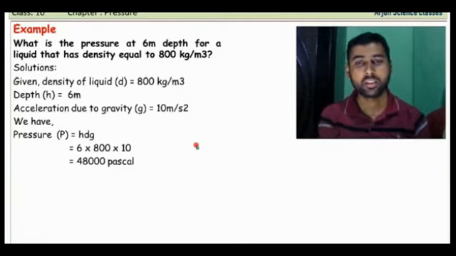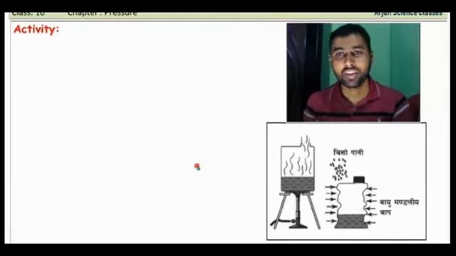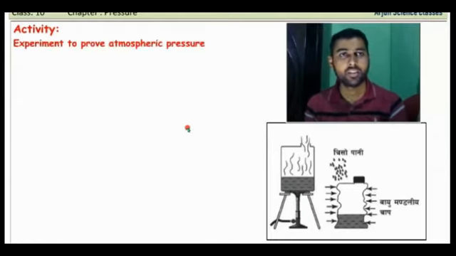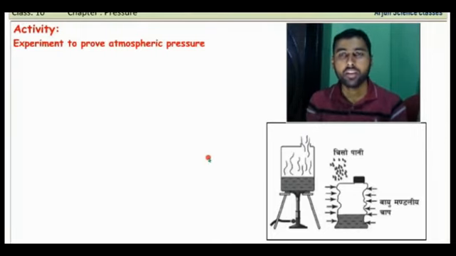Dear students, now I am going to discuss another activity, that is an experiment to prove atmospheric pressure. We had already discussed atmospheric pressure in the previous class.